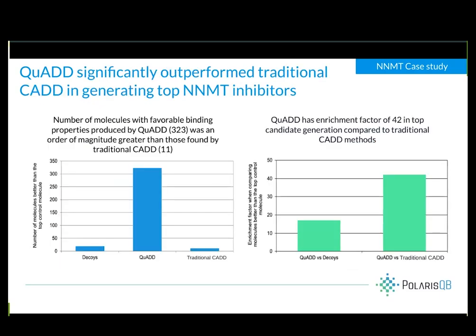Expressed in another way, this is a representation in terms of enrichment factors. We see on the left that Quad outperforms against physicochemically similar decoys, as well as those from rationally designed structures. When we focus only on those structures with affinities better than those of published structures, we see an enrichment that dramatically outperforms a conventional CADD approach.